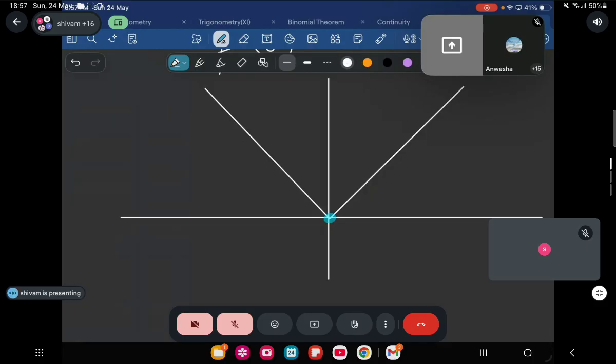Here, there is a sharp turn at x equal to 0.